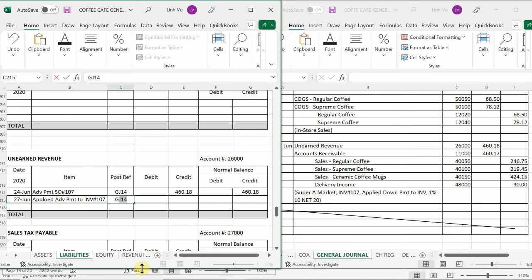It's General Journal, page 16. We're going to debit 460.18 to give us a balance of 0. Okay.